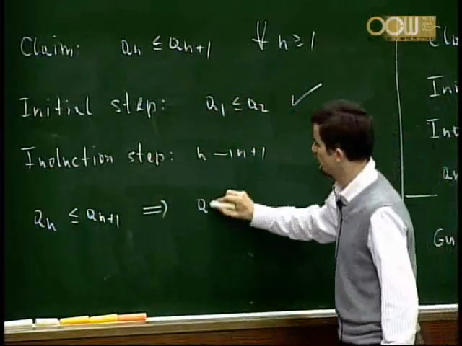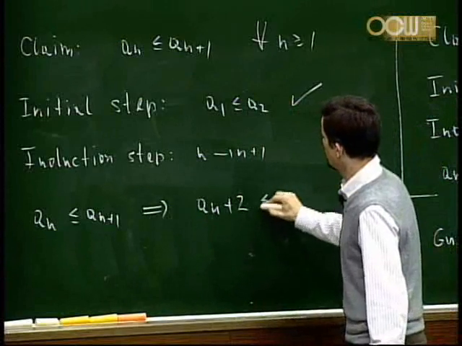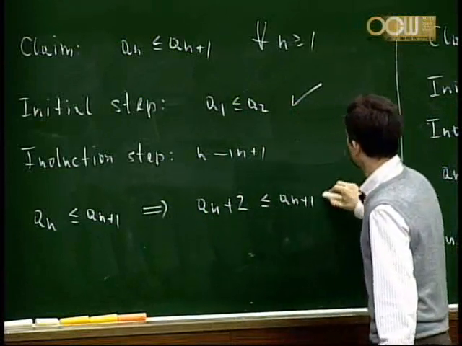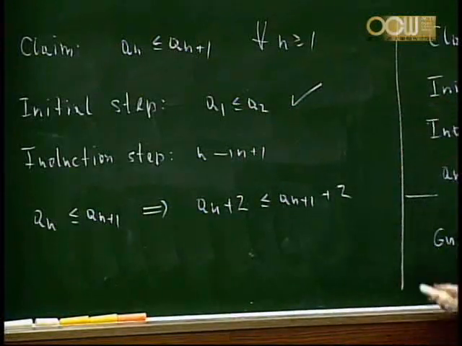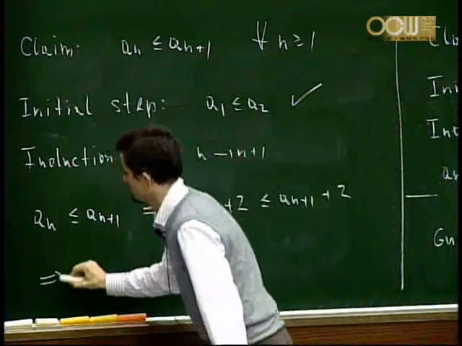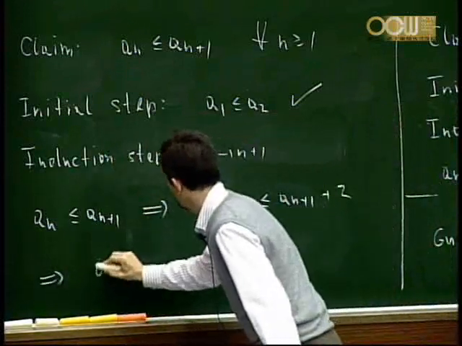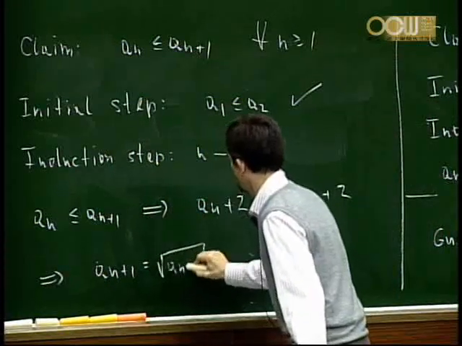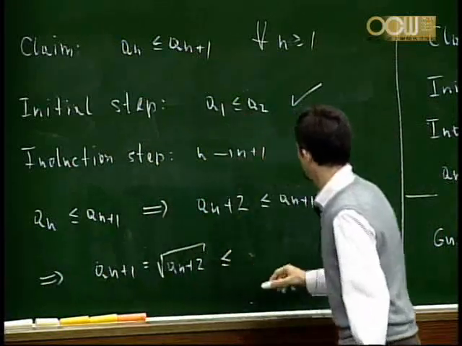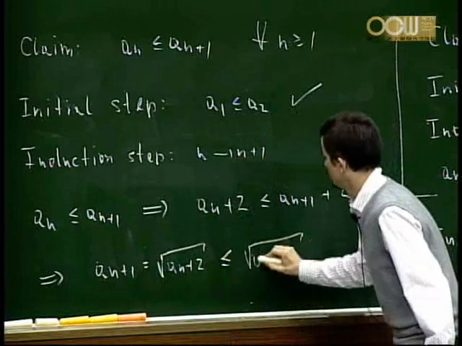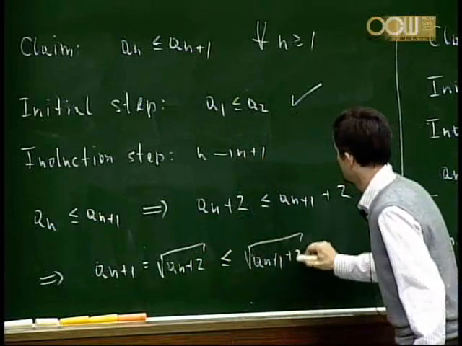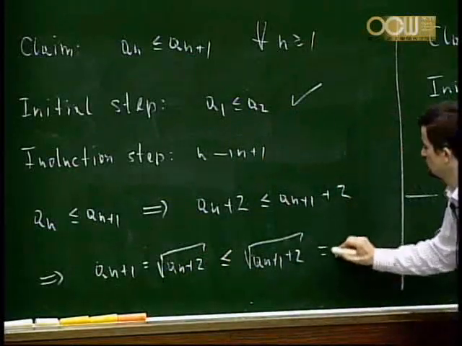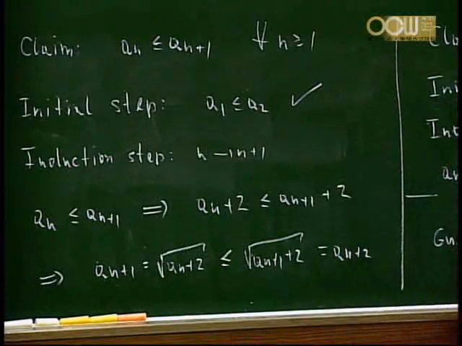We can add 2, so we have a_n plus 2 is smaller or equal than a_{n+1} plus 2. On both sides, we take the square root. So a_{n+1}, which is the square root of a_n plus 2, will be smaller or equal than the square root of a_{n+1} plus 2. And this is equal to a_{n+2}, and we are done.